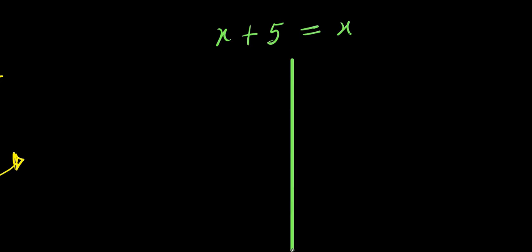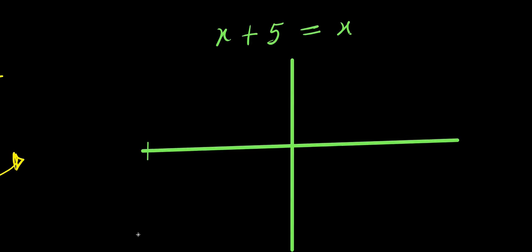We can as well represent this using a graph. You have x plus 5 equals x. So let's plot the graph. So right now, I have my positive y-axis, negative y, positive x, and negative x-axis.